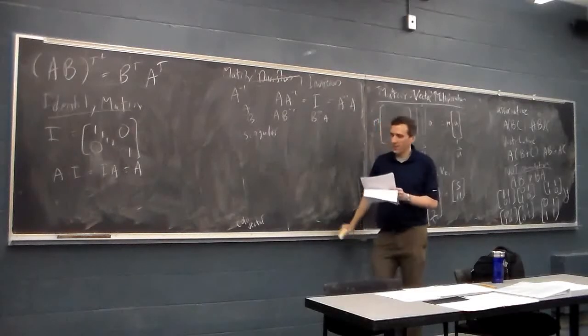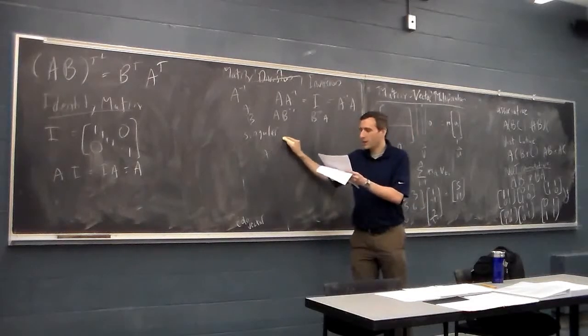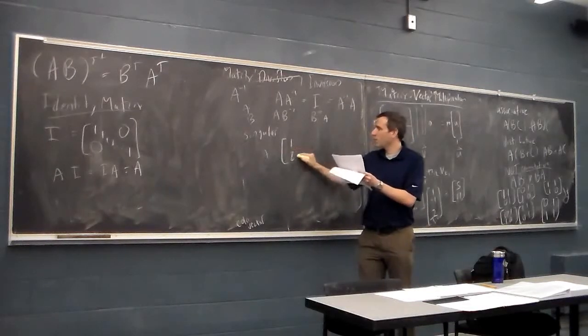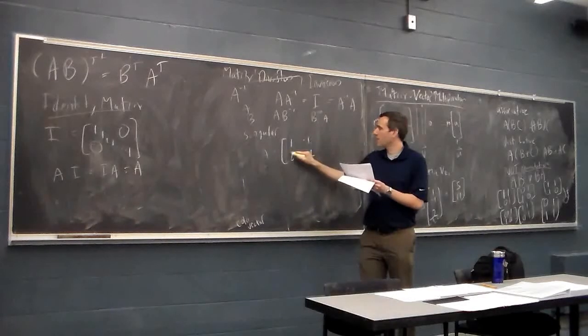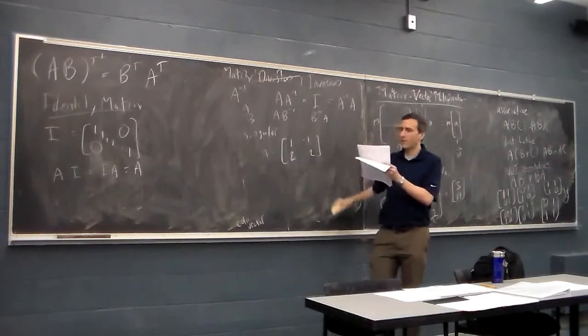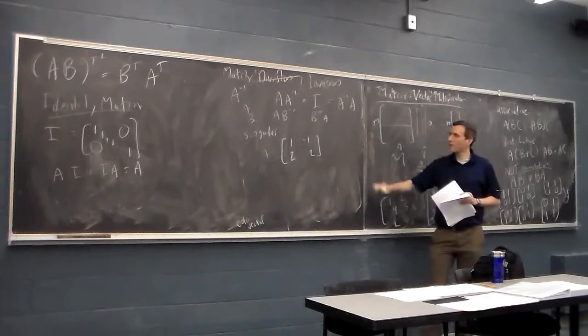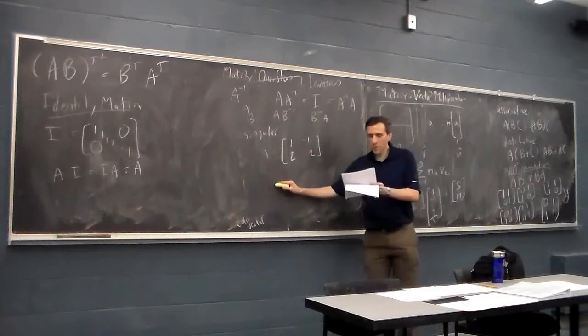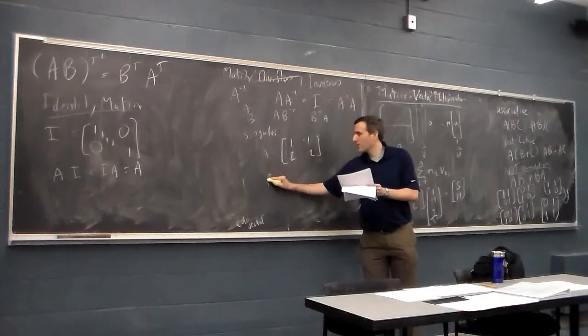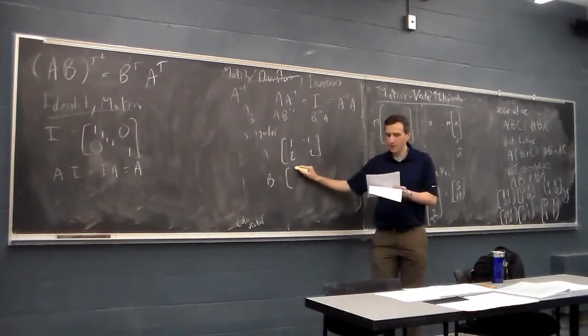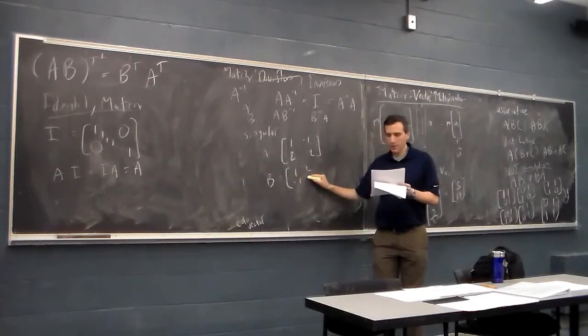An example of a singular matrix would be the following. Let's say we've got the matrix [1,2;-1,-2]. That is a singular matrix, and this has no inverse. An example of a non-singular matrix, one that has an inverse, would be [1,2;-1,2].